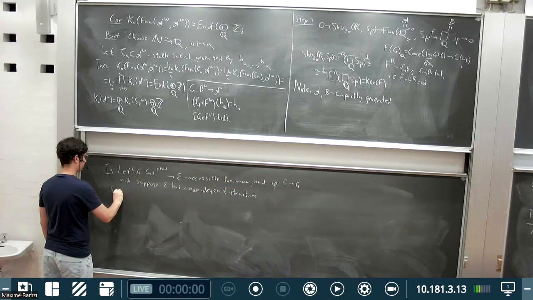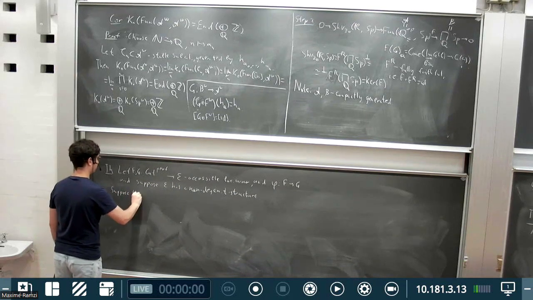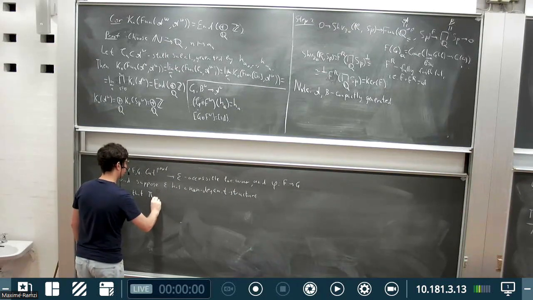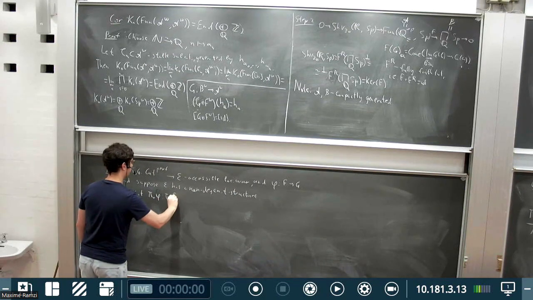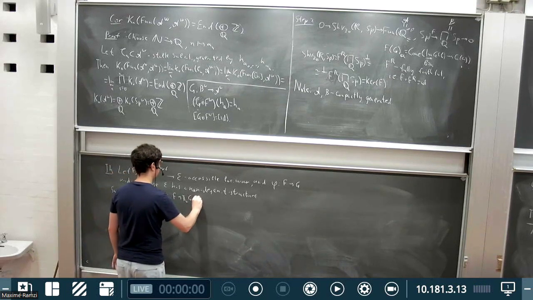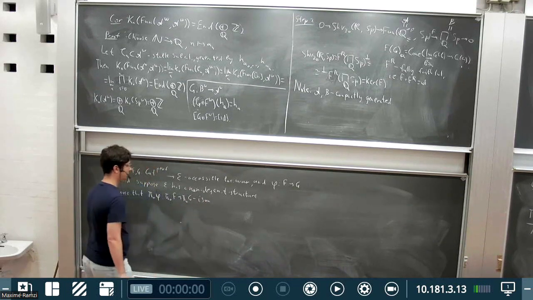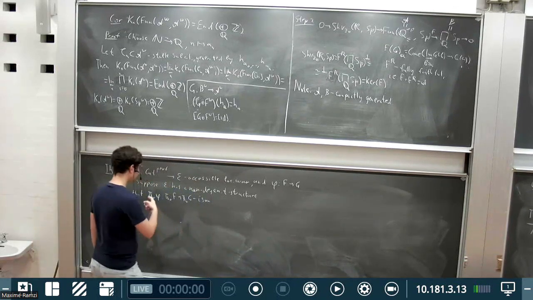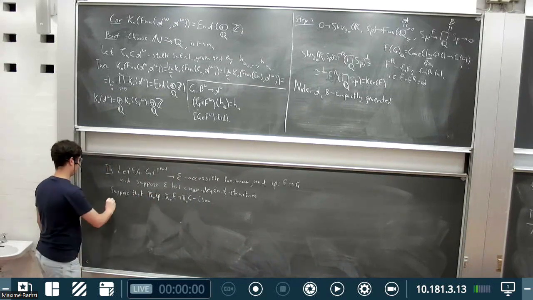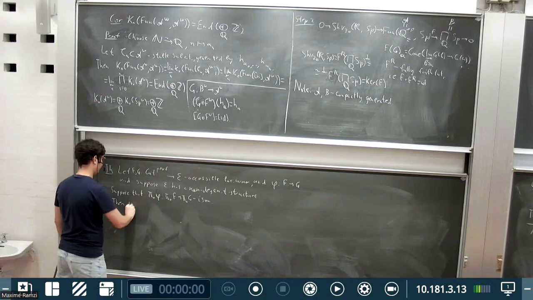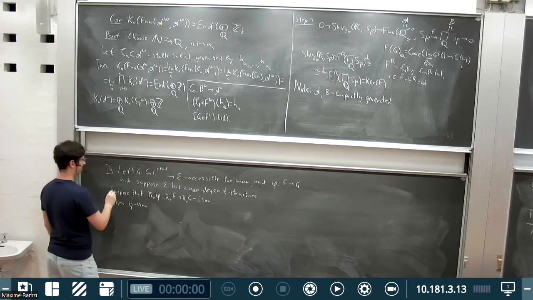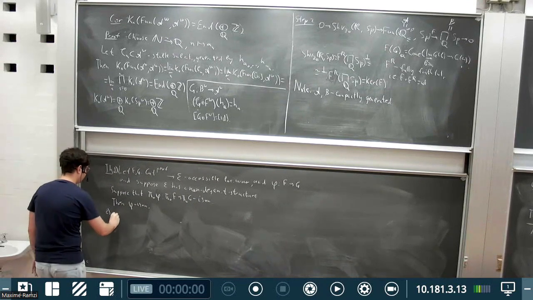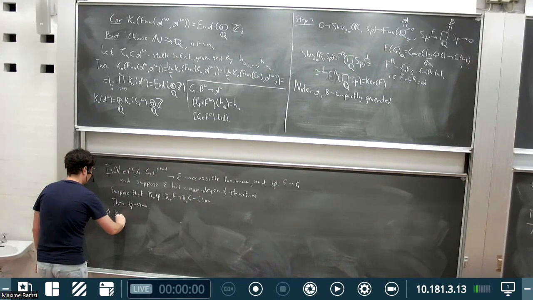Suppose that pi 0 of phi, from pi 0 of f to pi 0 of g, is an isomorphism of functors with values in the heart of E. Then phi is an isomorphism. So this is part one, and part two is you basically deduce that K-theory commutes with products.